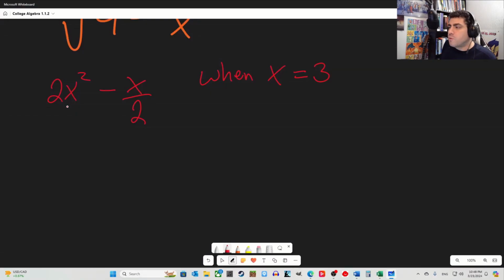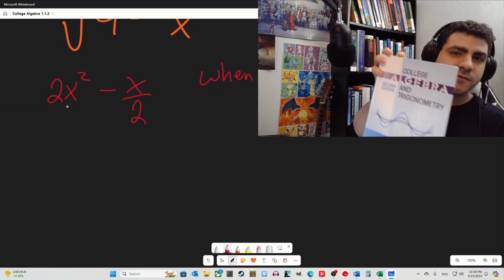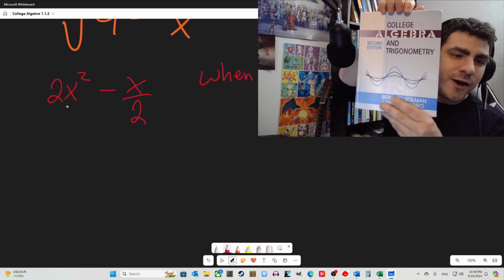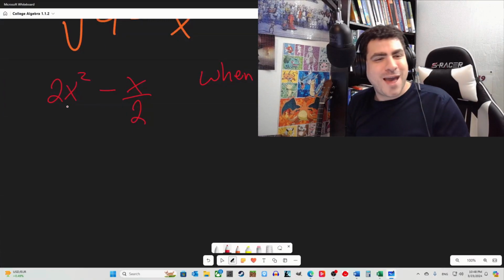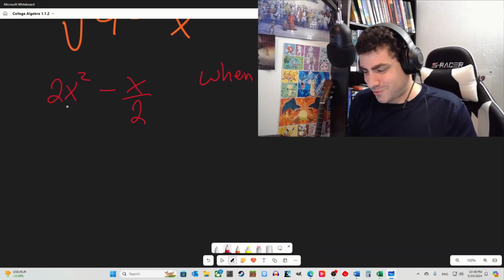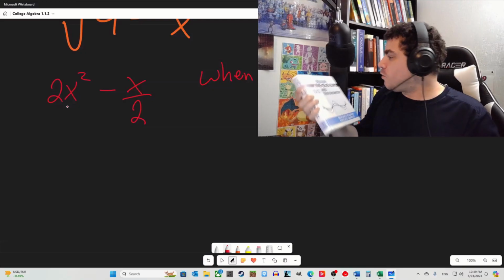And as a side note, variables, a lot of times they weren't always called variables. I have a book here. This book right here, College Algebra and Trigonometry by Coleman and Shapiro. Make sure you can see it. Maybe I'm not good with reverse cameras. This book is kind of old, dated 1986.